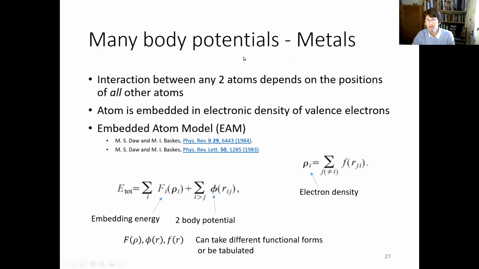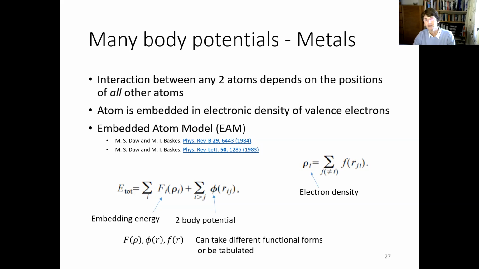So that's multibody potentials. I want to make a distinction between multibody potentials and many-body potentials. The difference between the interaction between the atoms in metals and the interaction between these biomolecules is that there's no covalent bonding. So in a metal, the interaction between any two atoms depends on the positions of all other atoms.